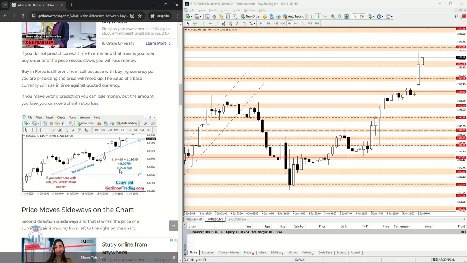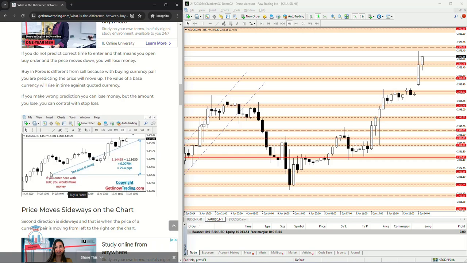Now in this example, on this image, you can see that if you enter here with buy, you would make money. And why is that? This is the area where the current price is, and when the price is rising, you can see that the current market price would be 1.13635.